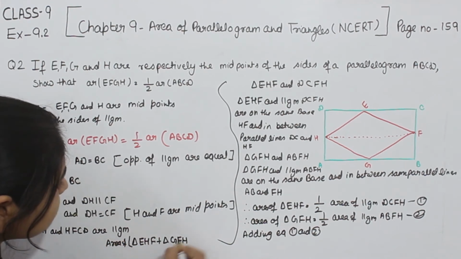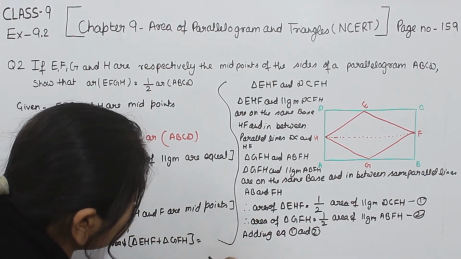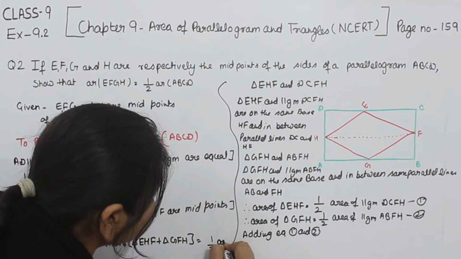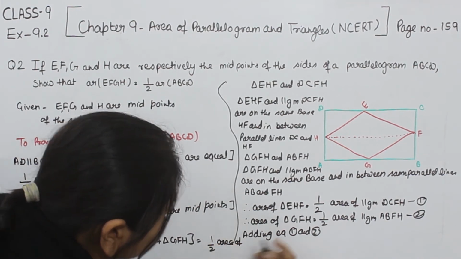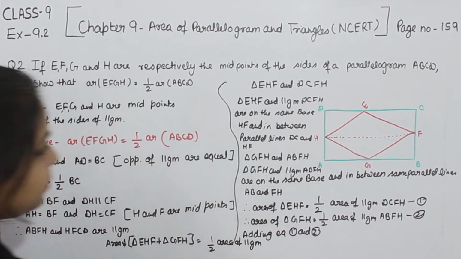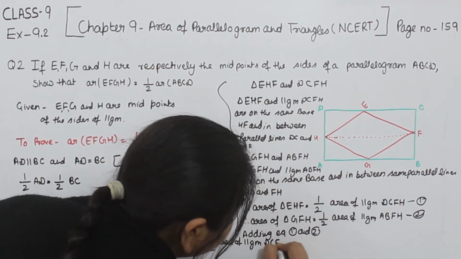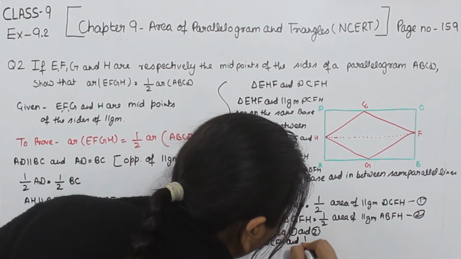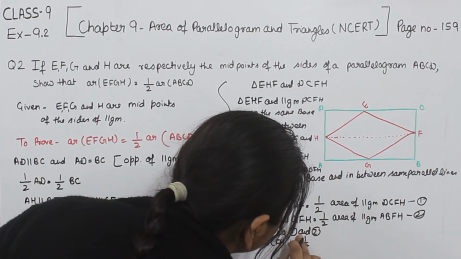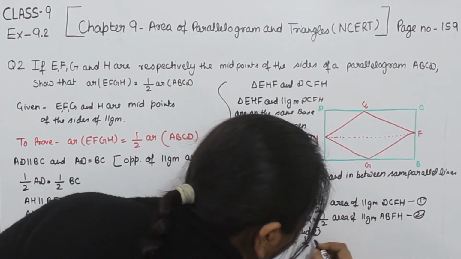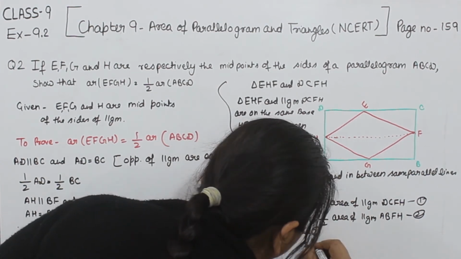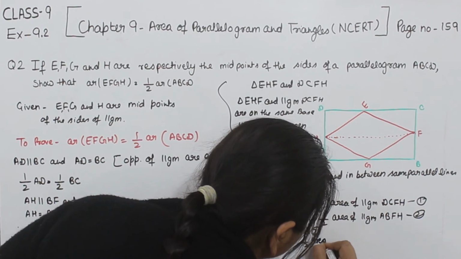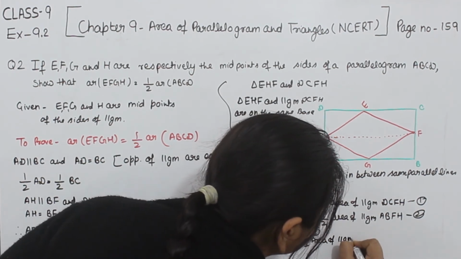The area of these both triangles we are adding is equal to half of area of parallelogram DCFH, and in place of 'and' I am going to write plus half of area of parallelogram ABFH.